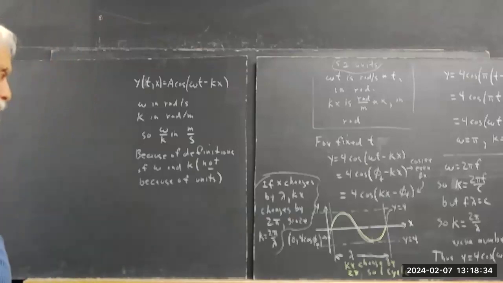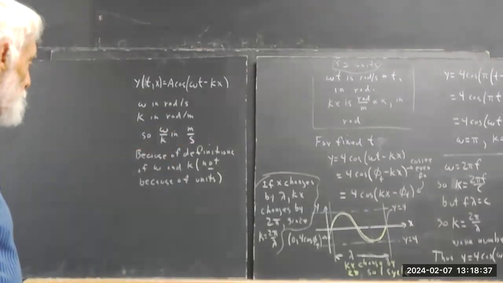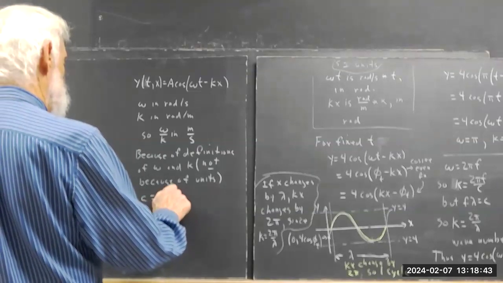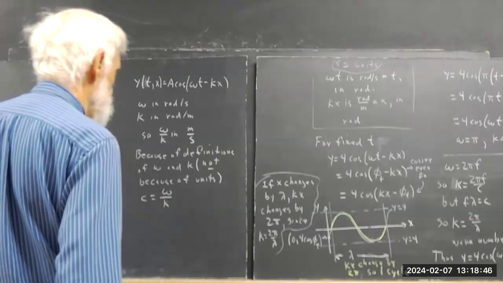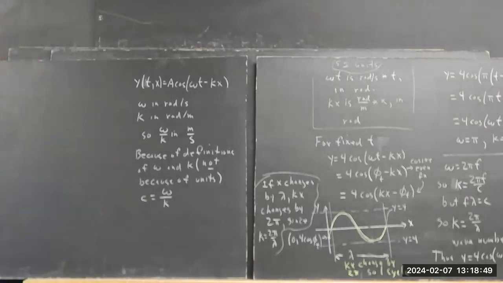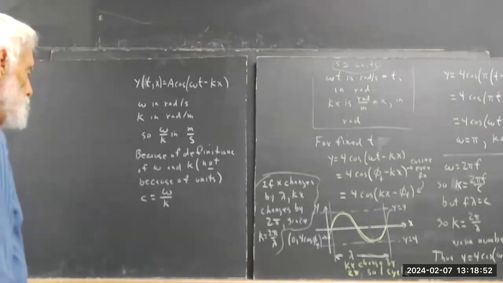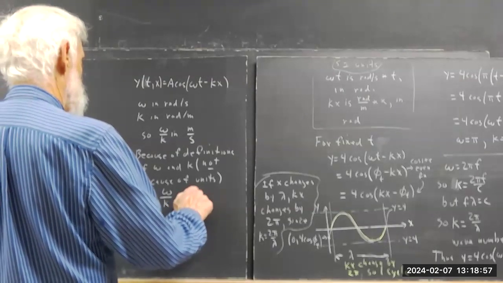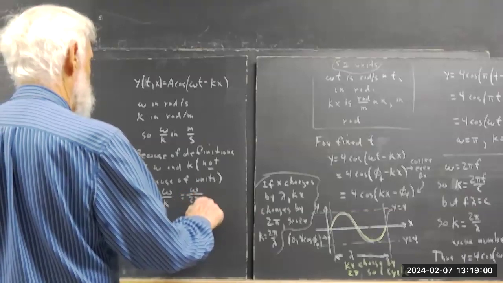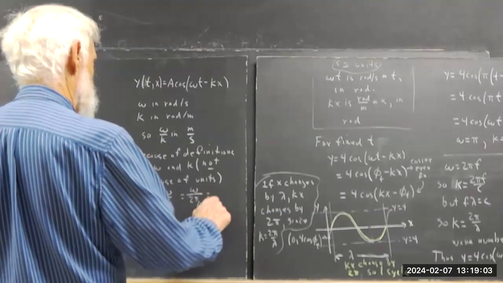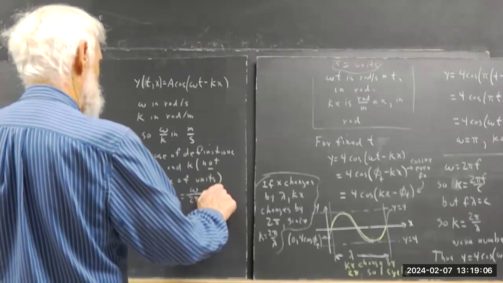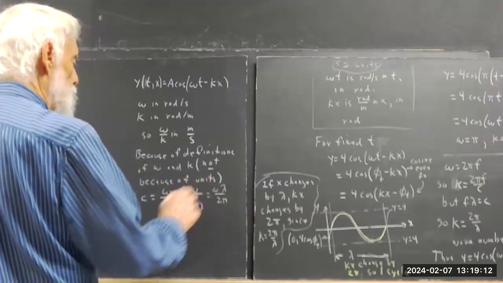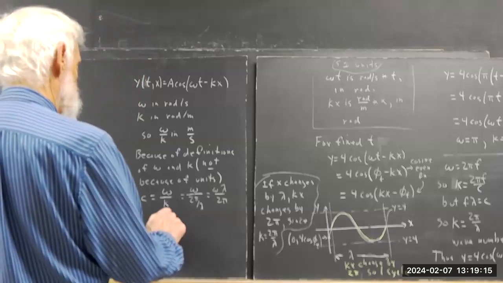That has the definition of omega, not just because of the units. c equals omega over k, which equals, of course, omega over 2 pi over lambda, which is omega lambda over 2 pi, but then omega is 2 pi f.